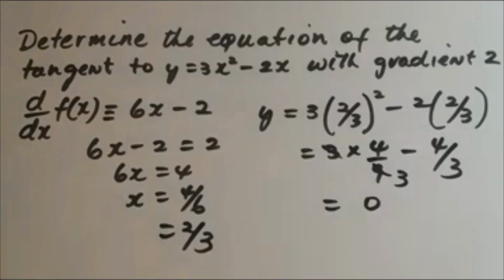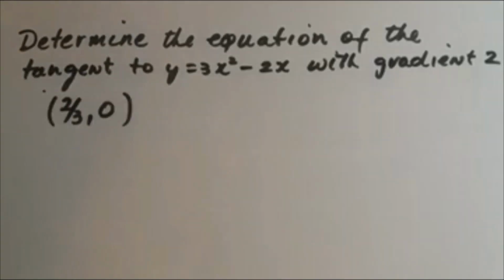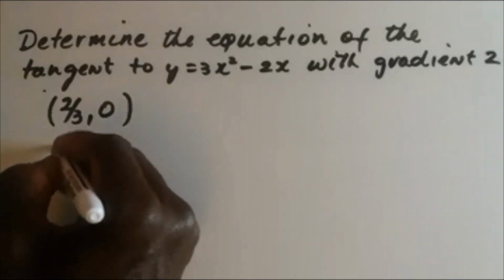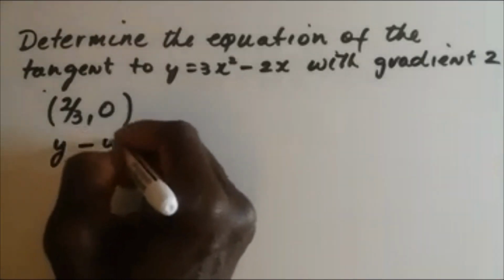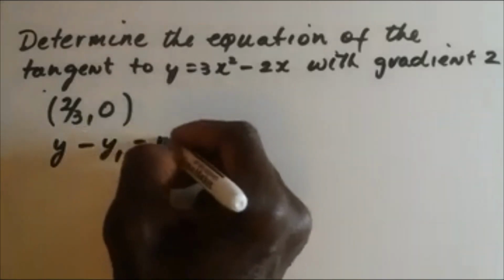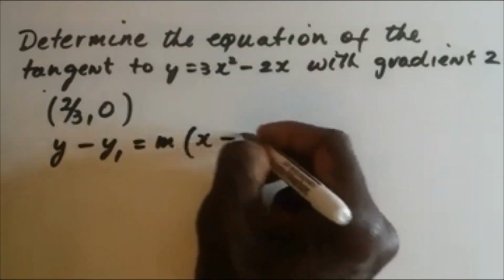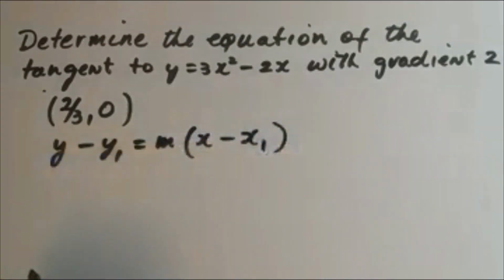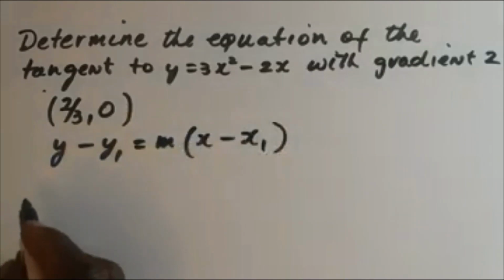So now we can go ahead and find the equation of the tangent. So these are our coordinates, and we'll use the formula y minus y1 is equal to m into x minus x1 to find the equation of the tangent to this curve.